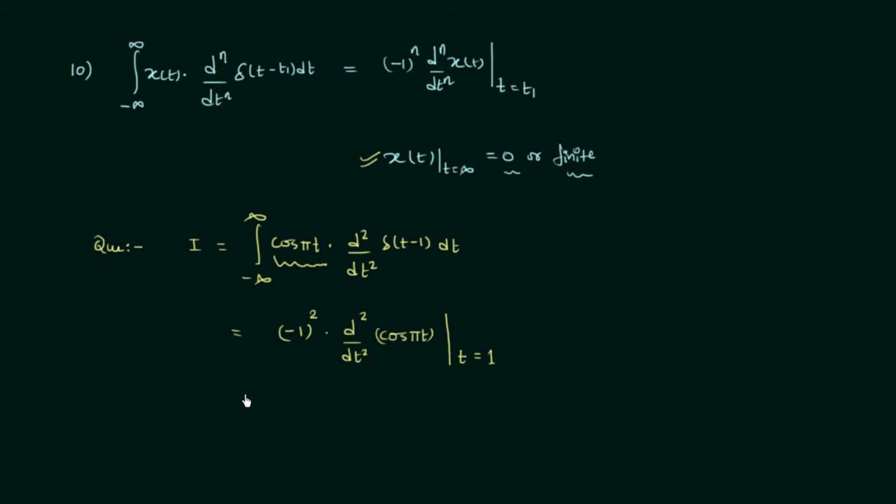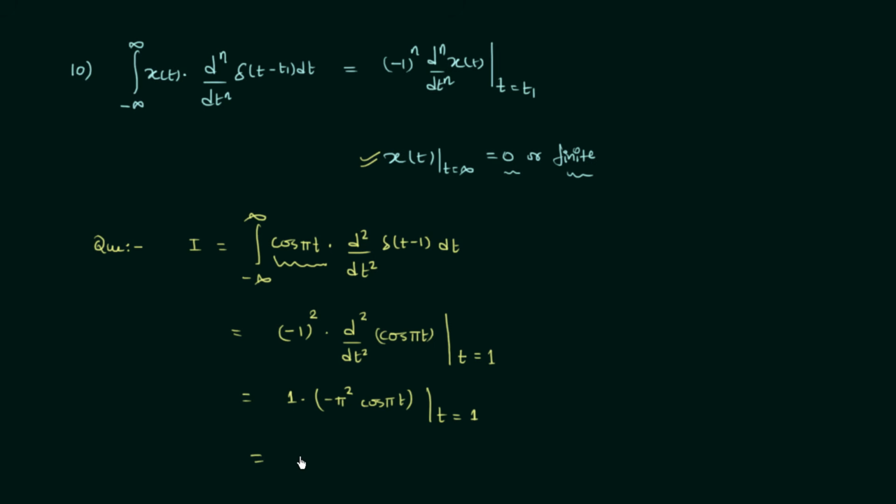Minus 1 raised to power 2 is equal to 1, and we need to find out the second derivative of cos pi t. Simply differentiate cos pi t 2 times and you will have minus pi square cos pi t, but we need to put t equal to 1 here.